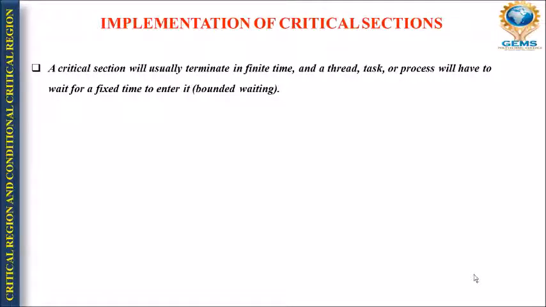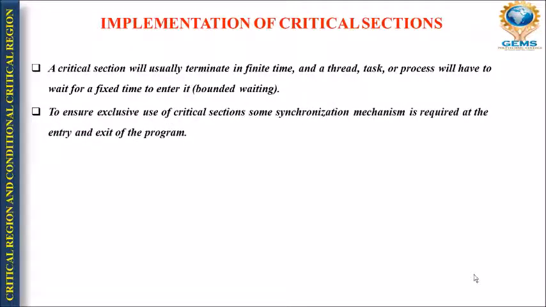Providing a critical section to a process is definite, and for other threads, tasks or processes, a fixed time is allotted for waiting, that is how many times a process has gone into the waiting state. In order to ensure the exclusive use of the critical section, that is mutual exclusion, some synchronization mechanism is required at the entry and exit of the program.